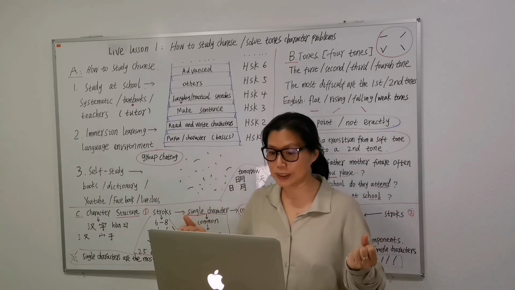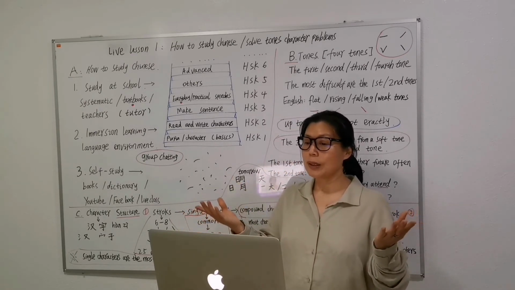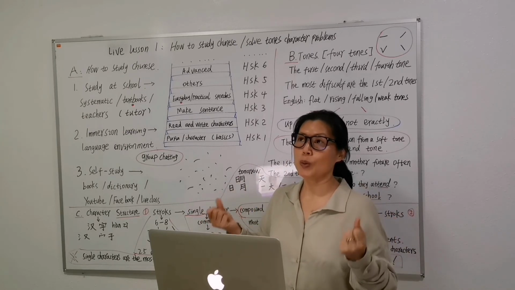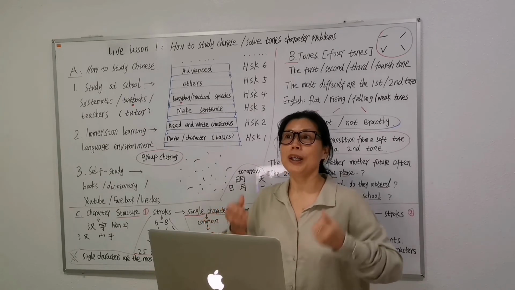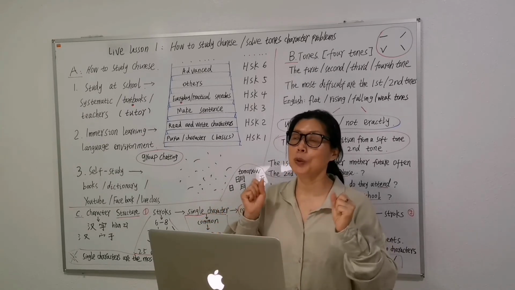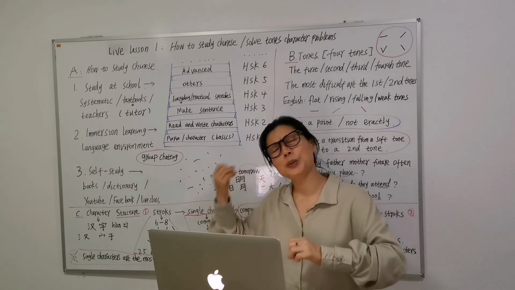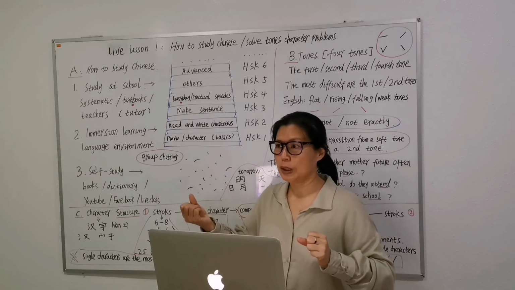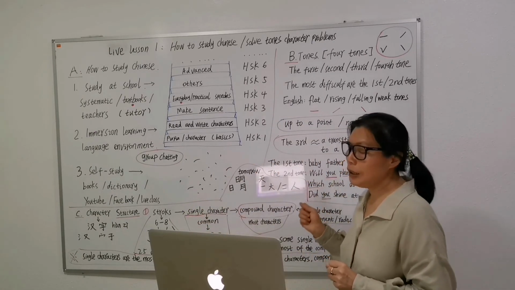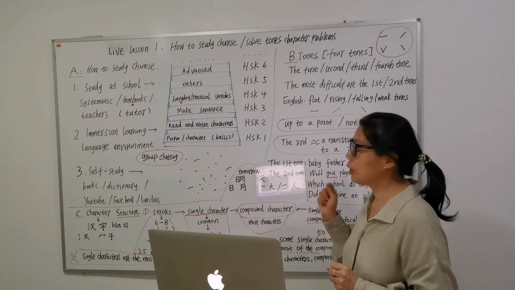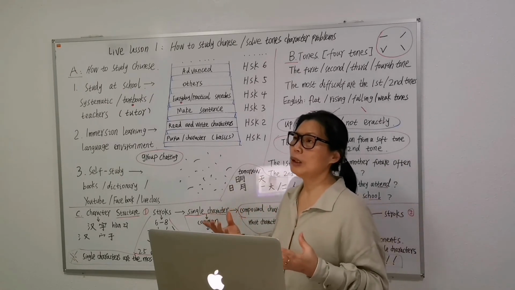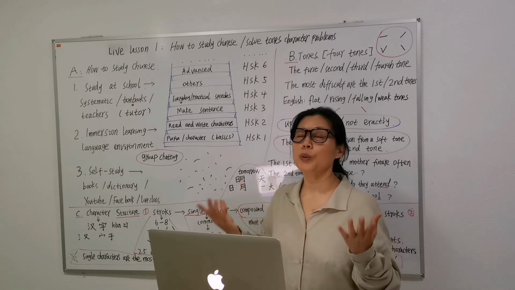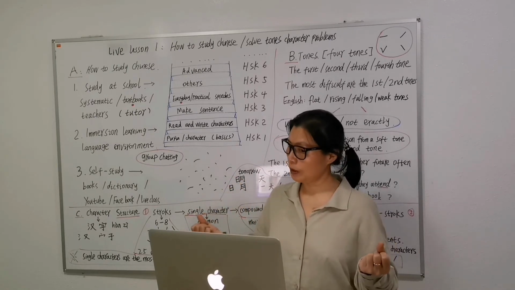single characters, and that is okay. It's easier than learning English words because most English words are single words. Single words, each word different. But most Chinese are compound characters. Compound characters only need you to learn 100 to 200 single characters.